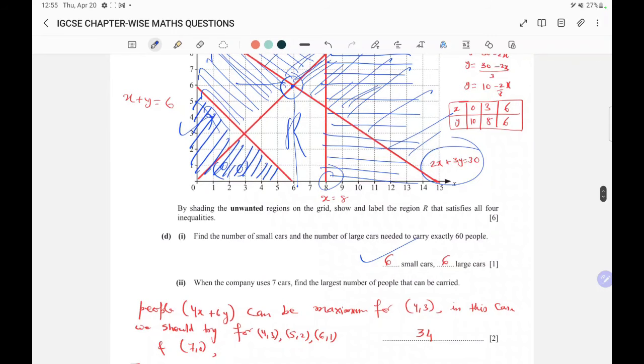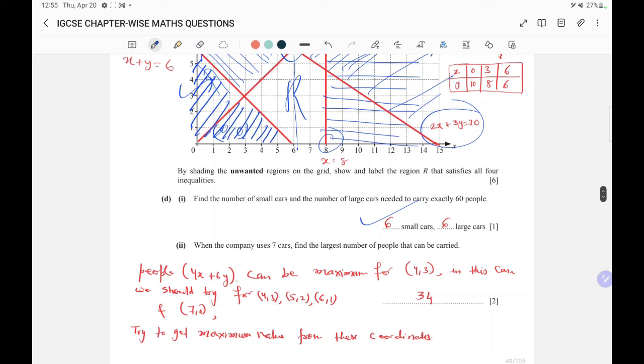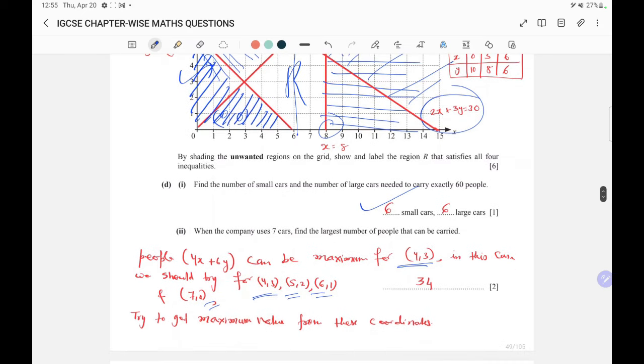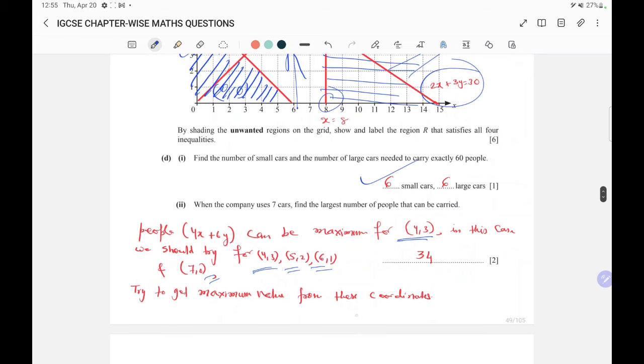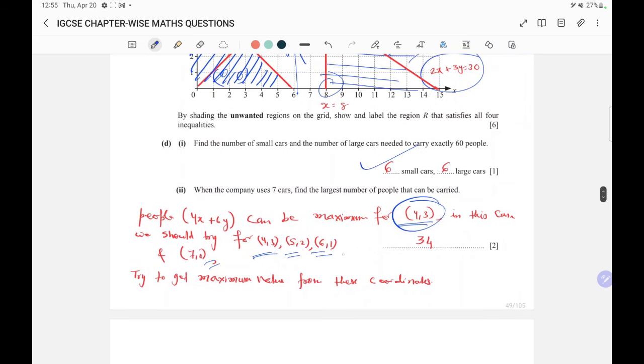When the company uses 7 cars, find the largest number of people that can be carried. So 4x plus 6y can be maximum for 4, 3 in this case. We should try 4, 3 or 5, 2 or 6, 1 and 7, 0. Just put these values and you will get the maximum at 4, 3. Put x equals 4 and y equals 3.